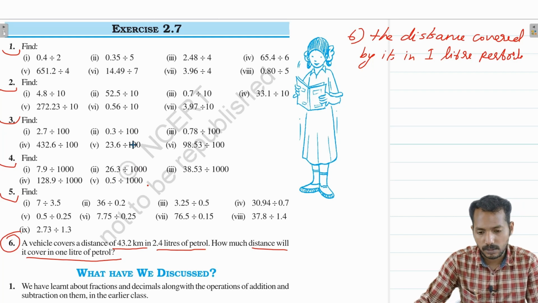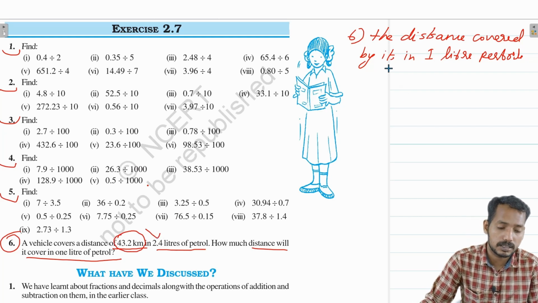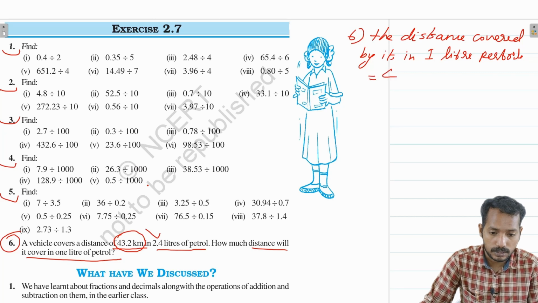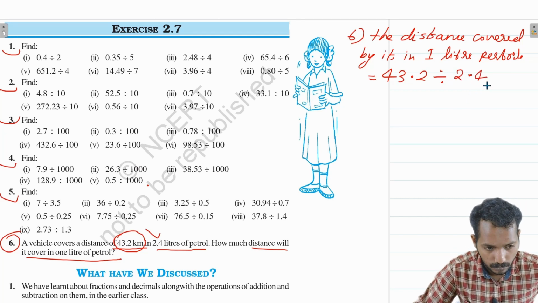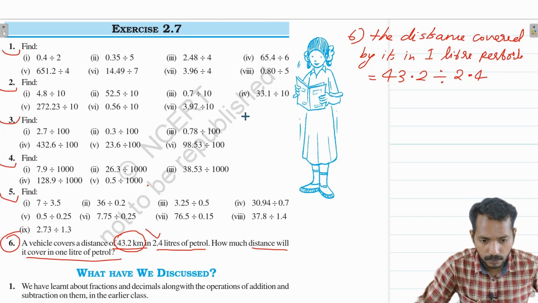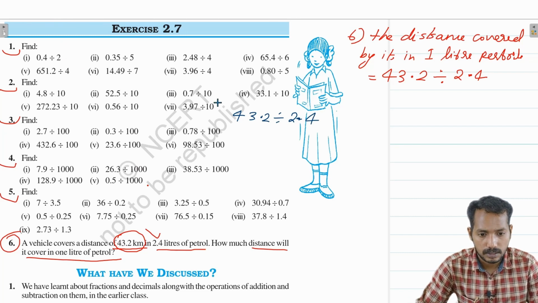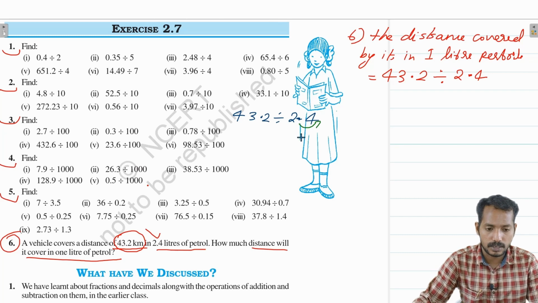Very simple one, because for 43.2 kilometers in 2.4 liters, in 1 liter it will be equal to 43.2 divided by 2.4. So first convert this 2.4 into a whole number. So we have the numbers 43.2 divided by 2.4. Am I right? So shift the decimal point one place here. So we will get 24 as a whole number.